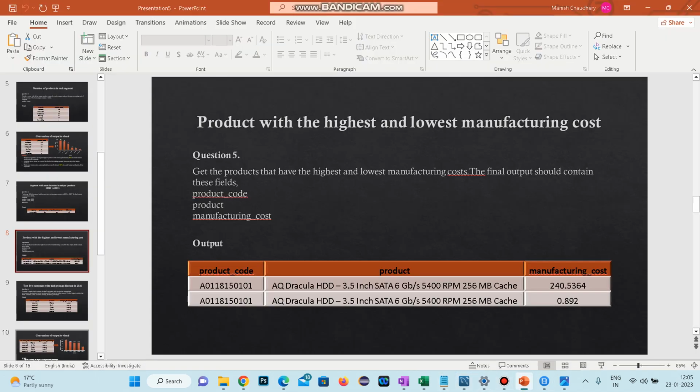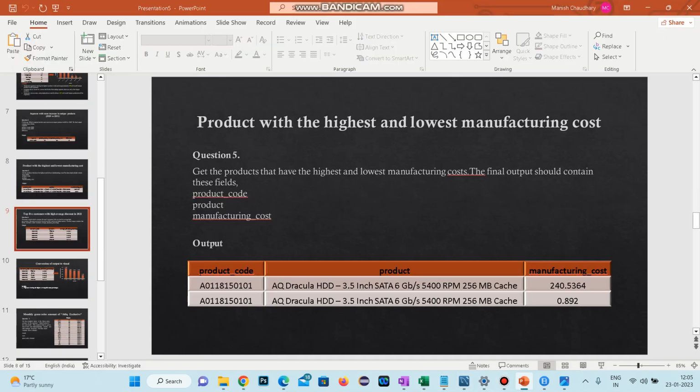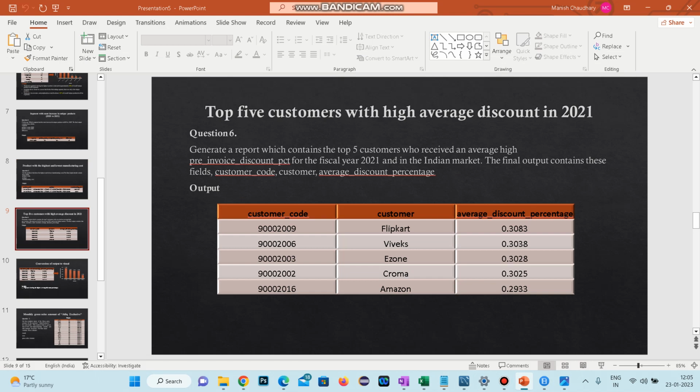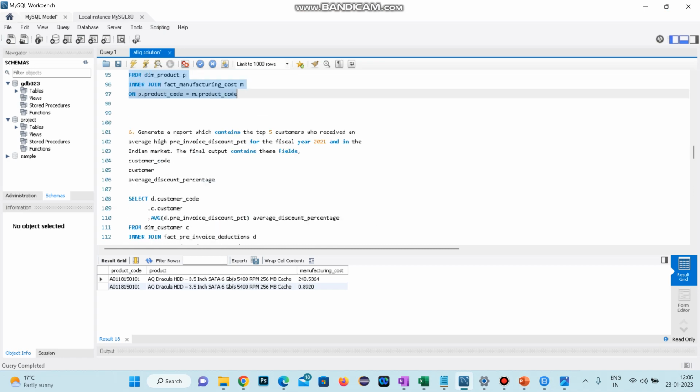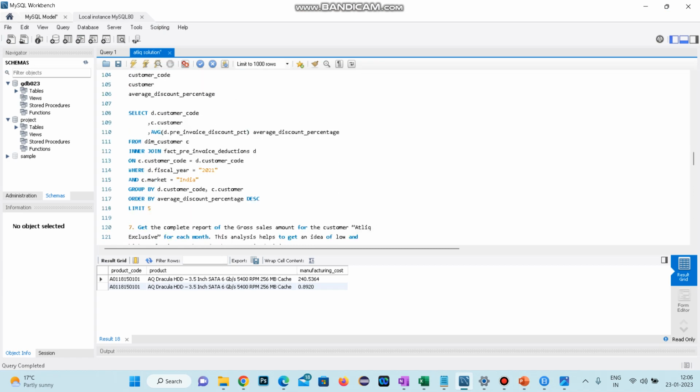Now let's move to the slide again, question number 6. We want the top 5 customers with the highest average discount in 2021. So let's move to the query part. Here we are finding customer code, customer, and the average of the pre-invoice discount.